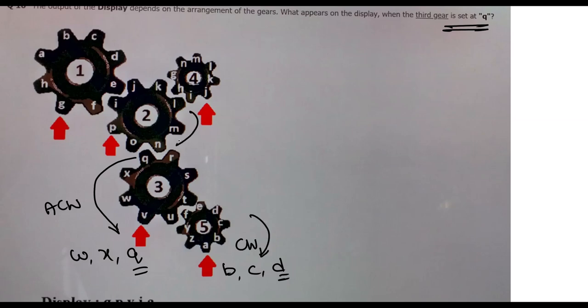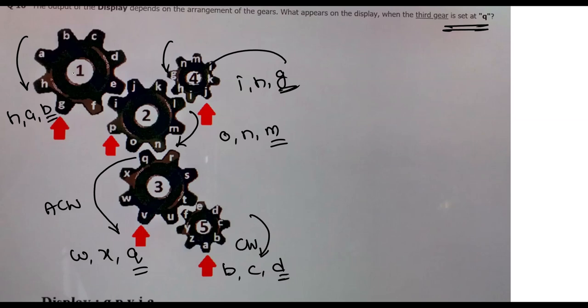Third step, clockwise: B, C, D. This one also clockwise: O, N, then M. These are anti-clockwise. Anti-clockwise: H, A, then D. This is anti-clockwise: I, H, G. So the fourth will display G, one will display B, two will display M, three will display Q as already given, five should display D. So 1, 2, 3, 4, 5.